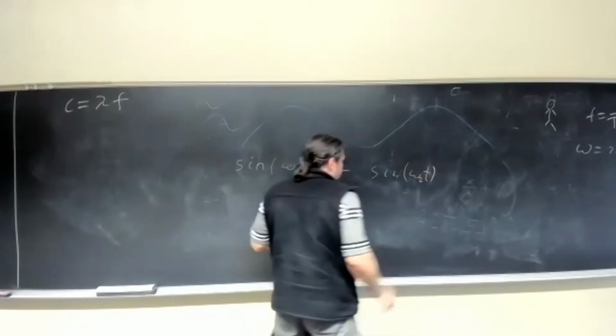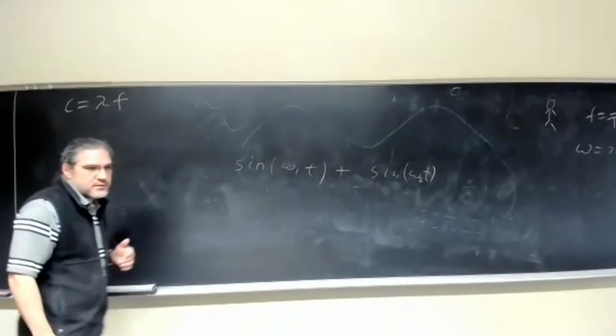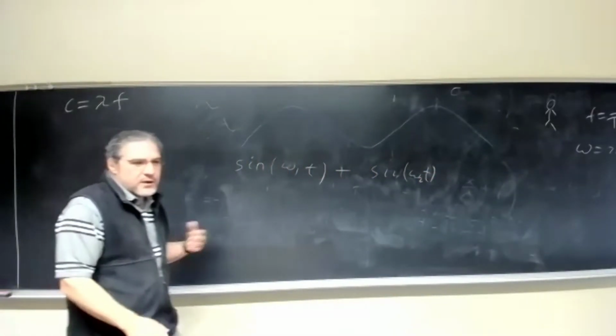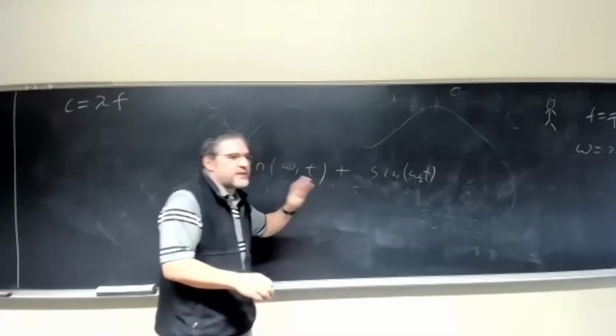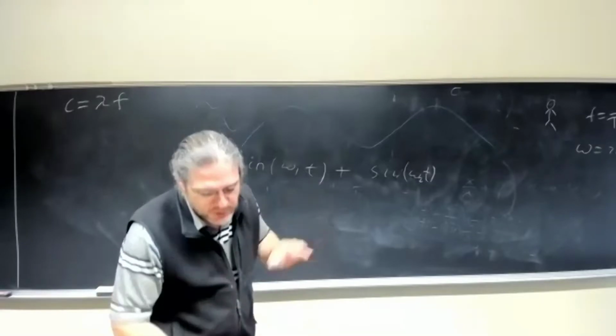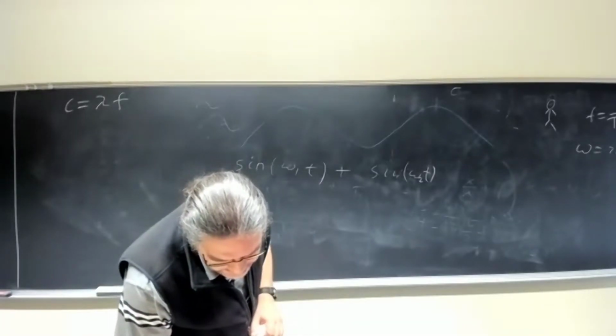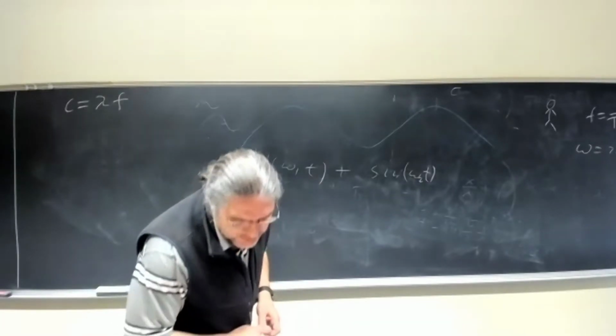Then, according to the principle of superposition, that's what I hear. Well, it's a little bit more complicated: I hear the square of this, but it's okay for now. It will be important later on.